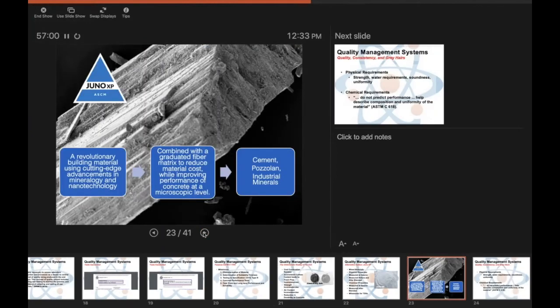What Juno XP has in it: Juno XP is a two-part component. The first part, which is the secondary, is a pozzolanic material, which, as we know, consumes calcium hydroxide to develop more of the backbone of concrete strength, the calcium silicate hydrate. But Juno XP has an active component which increases the toughness of our hydrated cement matrix.